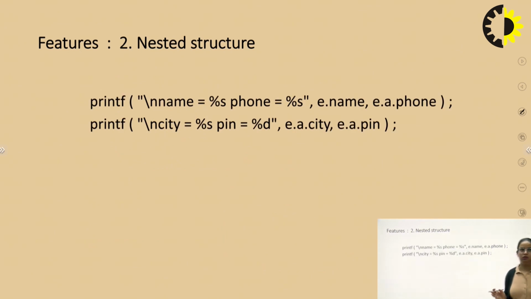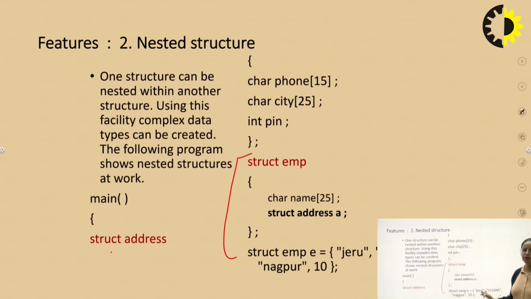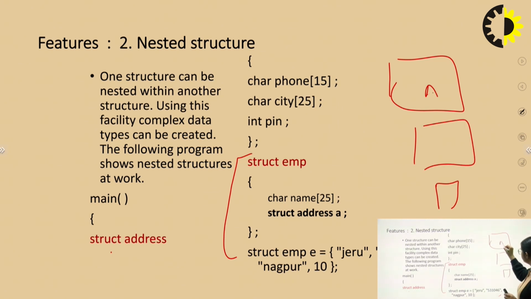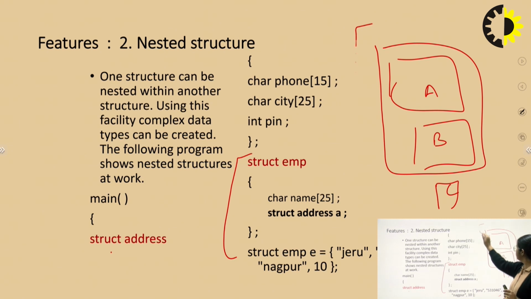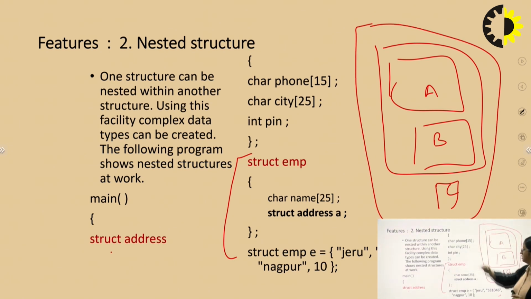This is very simple. It follows a hierarchy. Suppose I take one example: A, B, C. In this, C has B nested, and in B, A is nested. So for reaching A, what do we have to do?